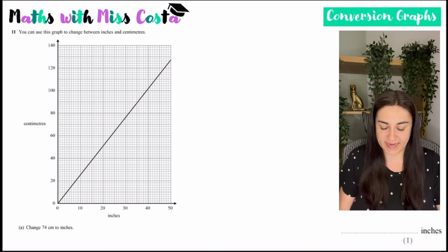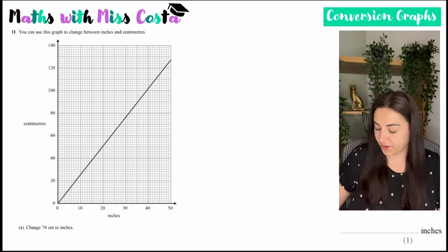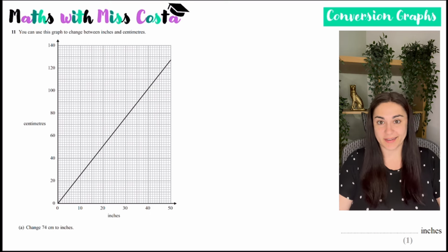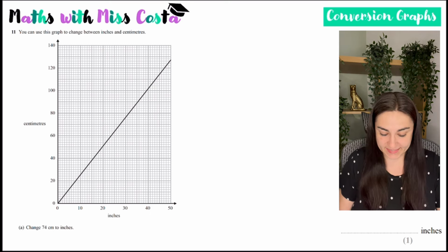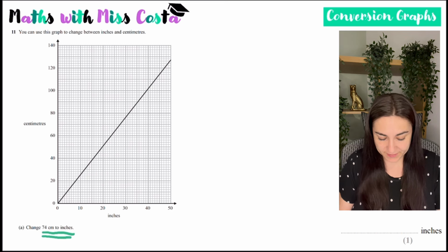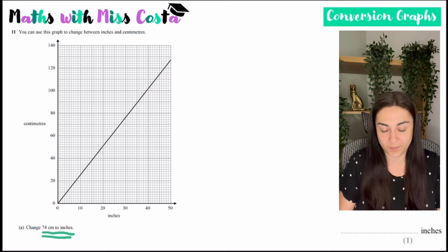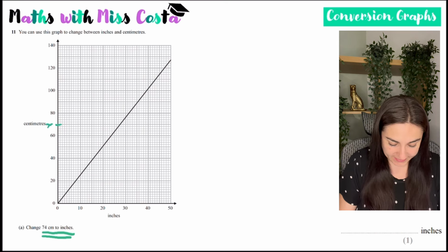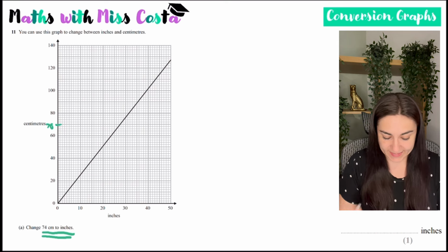Now for the next question here, I've got a conversion graph. So I can use this to convert something. So in this question, it would be centimeters to inches. So I need to change 74 centimeters to inches. So I find where 74 would be. So this would be 70 because it's halfway between 60 and 80.